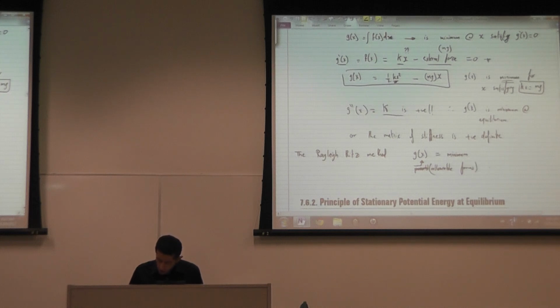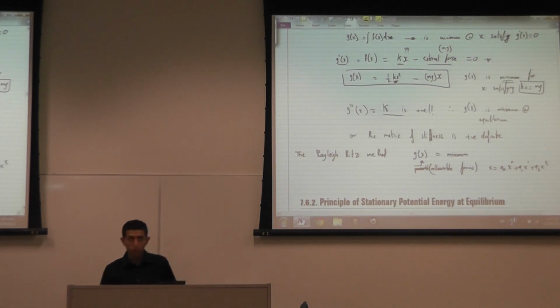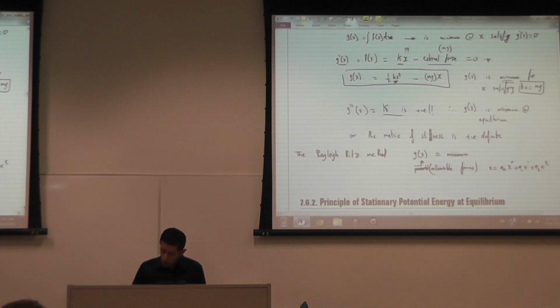Let's say this form is equal to a0 plus a1 x plus a2 x squared, for example, which makes g now a function of a0, a1, a2.